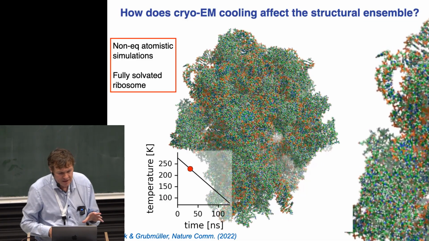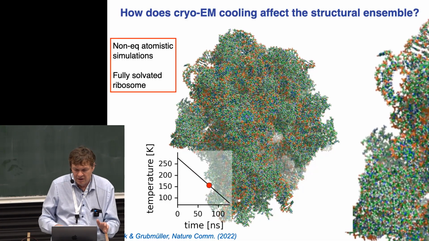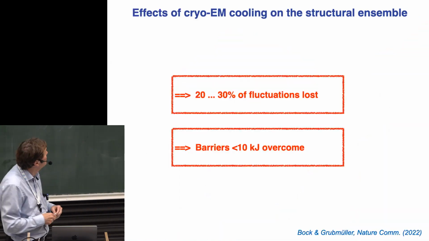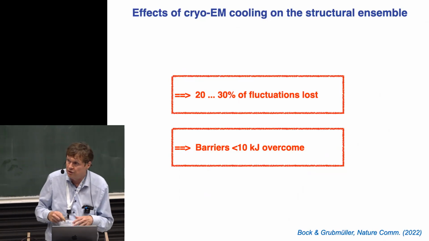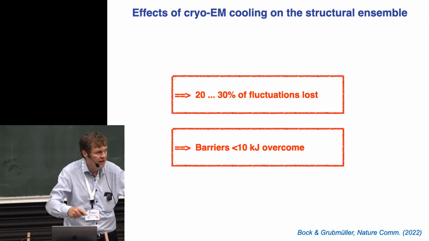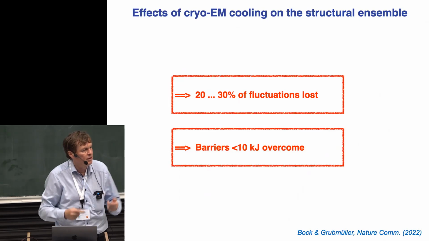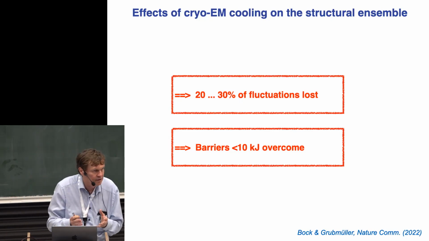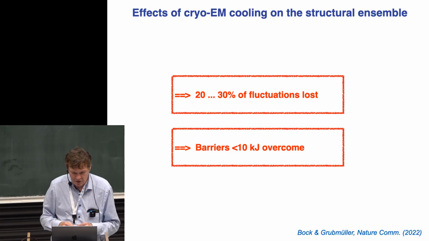It's always water. And now, after quite a lengthy analysis, which I will skip here, our main result of that small detour is that about 20 to 30% of the fluctuations are lost in the process. But the good news is, with our simulations, we can now recalibrate the cryo-EM data and recalculate back to room temperature, or renormalize the ensemble such that it better reflects a room temperature ensemble.